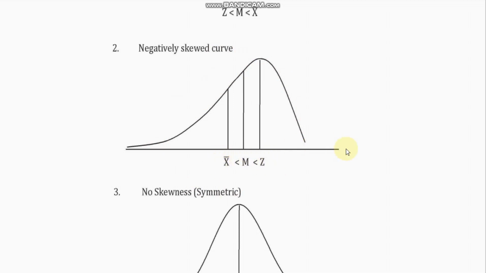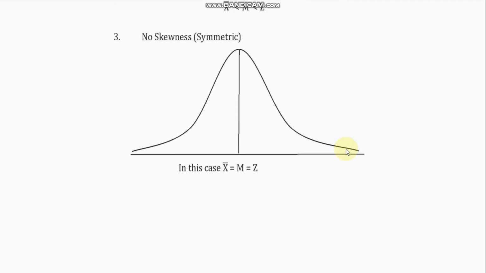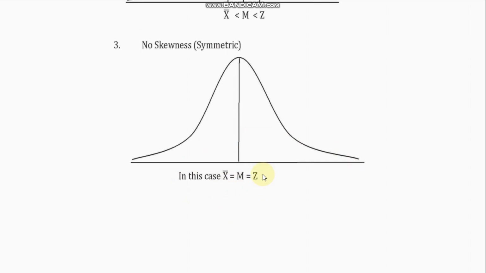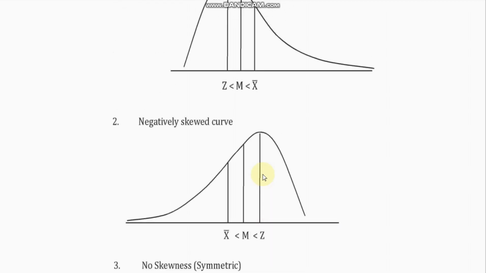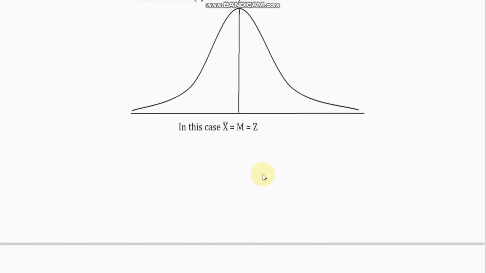And at last we have no skewness, that is a symmetric distribution. For a symmetric distribution, mean is equal to median is equal to mode, so all the three values will be identical. We are going to deal with some examples on positively skewed and negatively skewed curves.